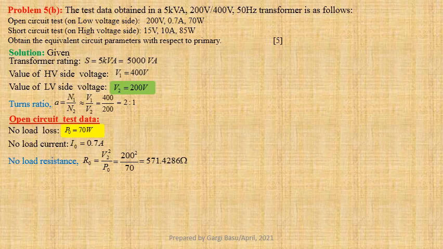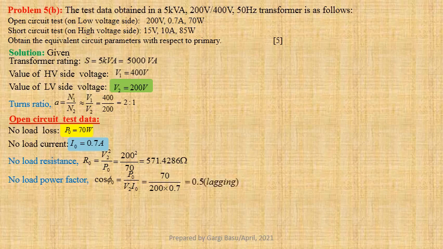Let us now determine no load power factor. Cos phi 0 equals P0 divided by V2 into I0. Using values we get 70 divided by 200 into 0.7, that gives us 0.5 lagging. Therefore, sin phi 0 equals 0.866.